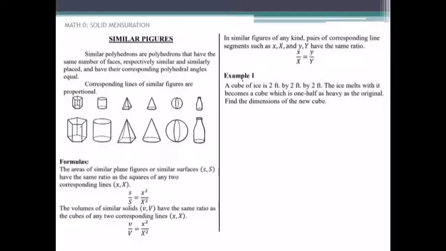So we have here the relations of their volumes and their areas. The areas of similar plane figures or similar surfaces have the same ratio as the squares of any two corresponding lines.